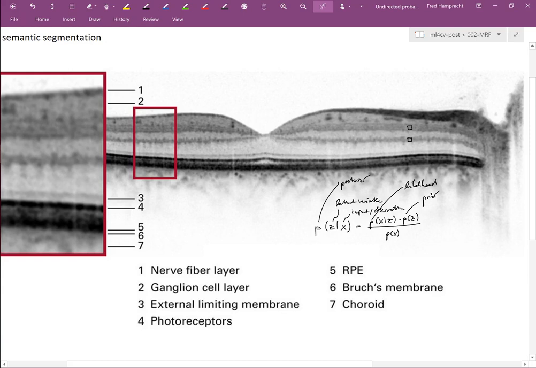So I'm going to call this class here A, and this class B, and this one C, and this one D, and this one E. So what should a good prior tell us about a distribution of labels across pixels for these different classes? Yeah, go ahead.